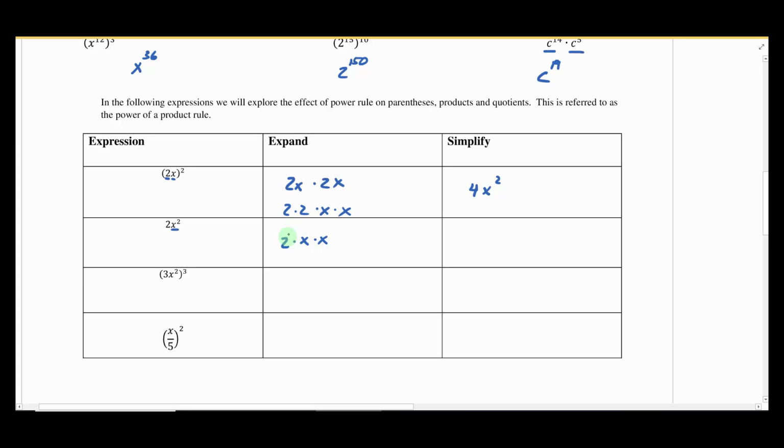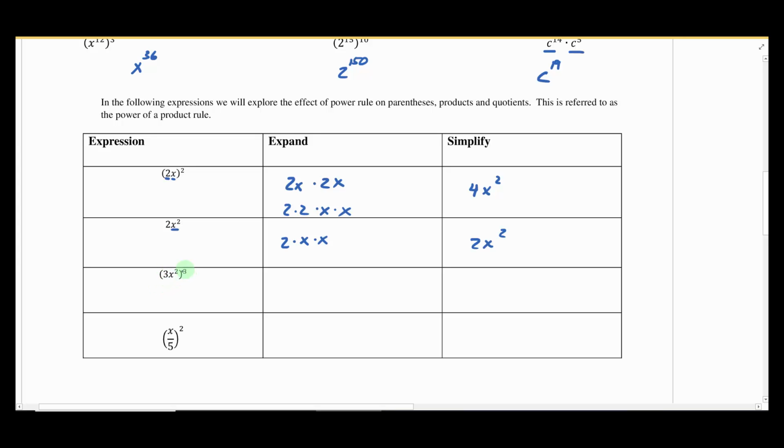So this will just be 2 times x in its expanded form, and if I put it back together, we end up back where we started. There really is nothing changing from the original expression to the new one. Notice the difference in the end there when we put the parentheses around the product and when we don't. So let's take a look at a more complicated one here.